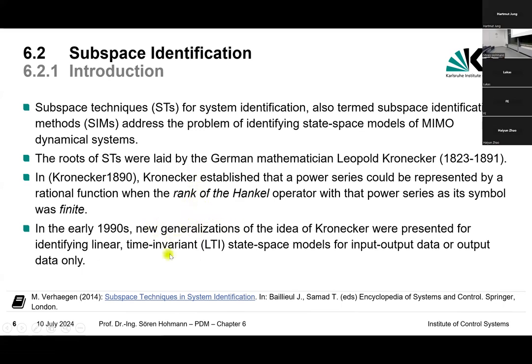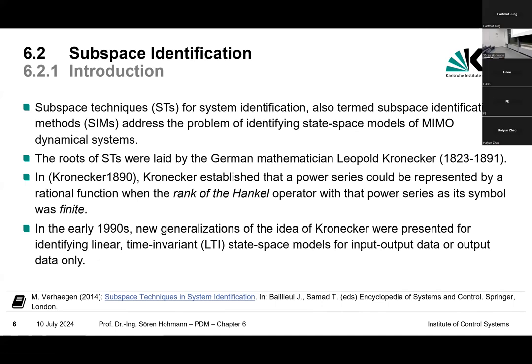But later in the 90s, the very early ideas by Kronecker have been reused for system identification, and the so-called subspace identification method popped out. And why it's called subspace is something you should know afterwards. Why is it a subspace? What is different to what we have done so far?